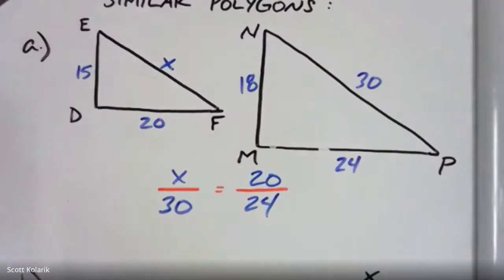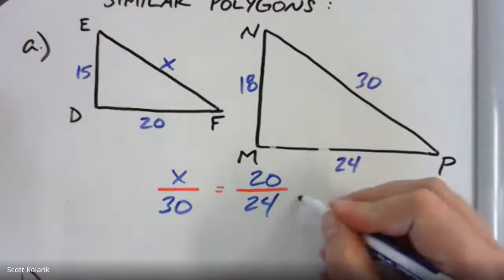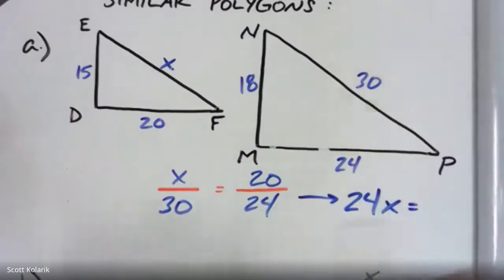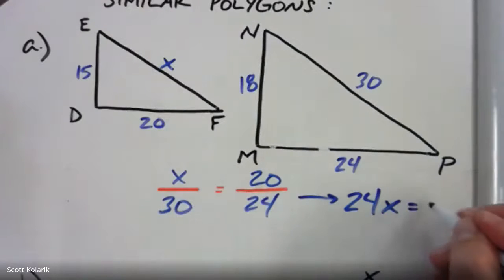Most of us can immediately infer what to do at that point, but let me just walk through it. So I'll cross multiply both of these figures. So I multiply 24 times X, let me just rewrite this over here, 24 times the X on the left, and then multiply the 30 and 20 here on the right.